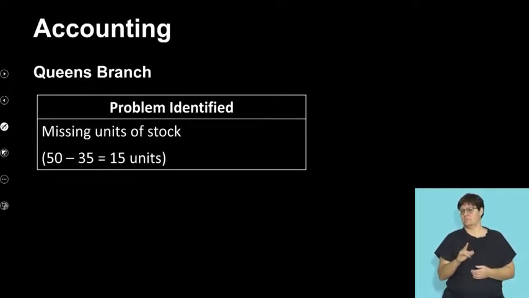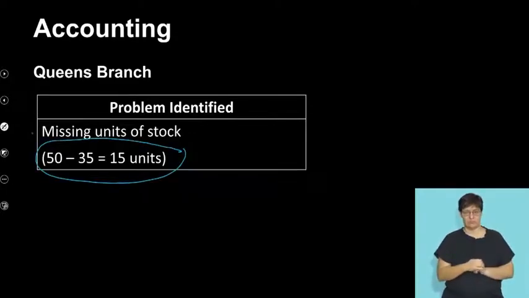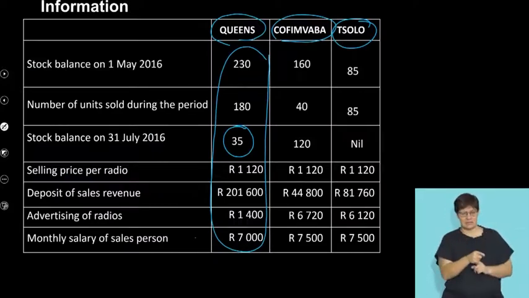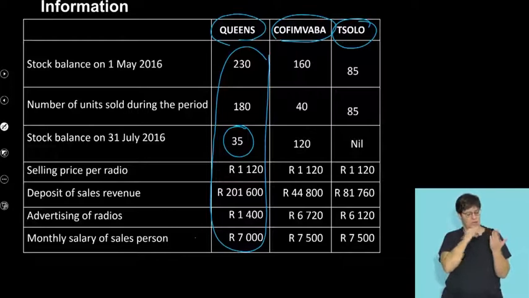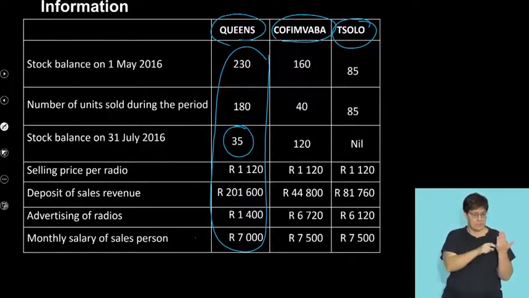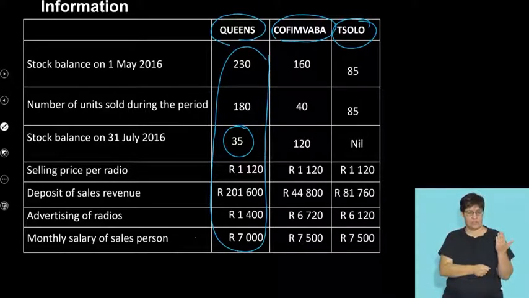Therefore, it tells you that there are units that are missing. So clearly when you're analyzing a question of this nature, look at the information that is provided to you. We looked at it, and in terms of the stock, we found that in this particular branch, there were 15 units of stock missing.